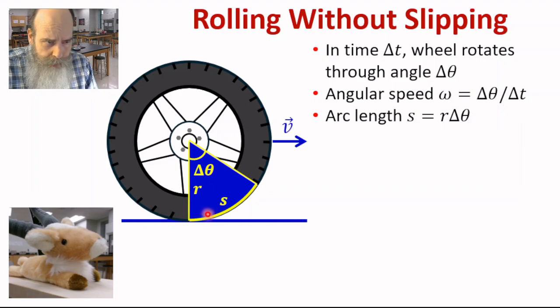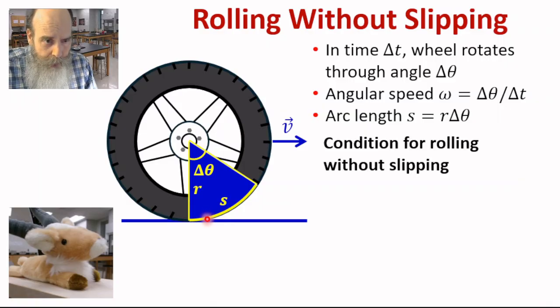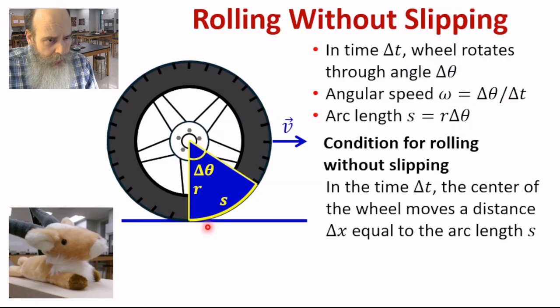Now this wheel is moving to the right with a velocity v as well as rotating. This is a condition for rolling without slipping. In the time delta t, the center of the wheel moves a distance delta x equal to the arc length. If this condition is true, then the wheel is rolling without slipping.